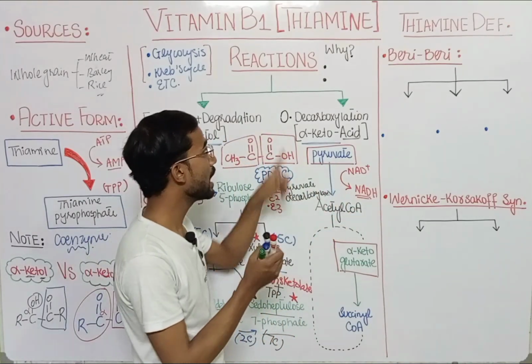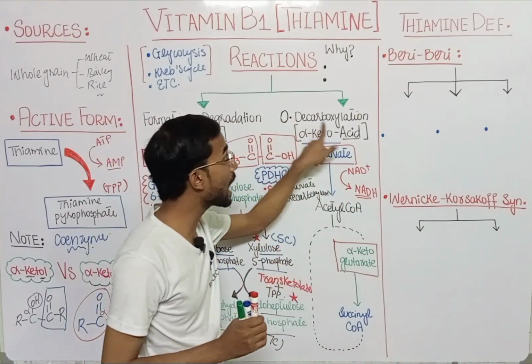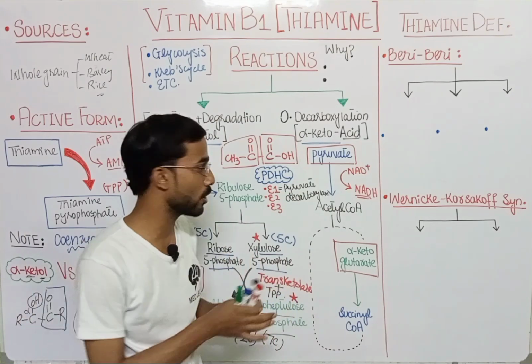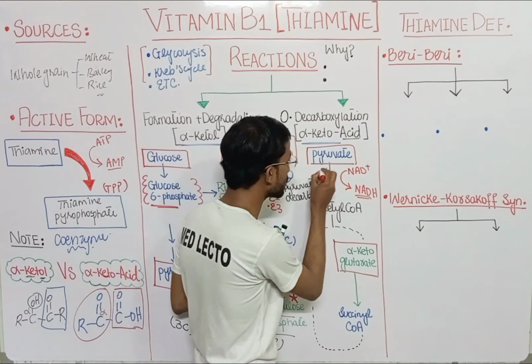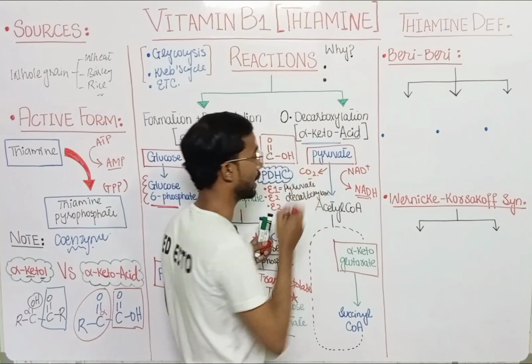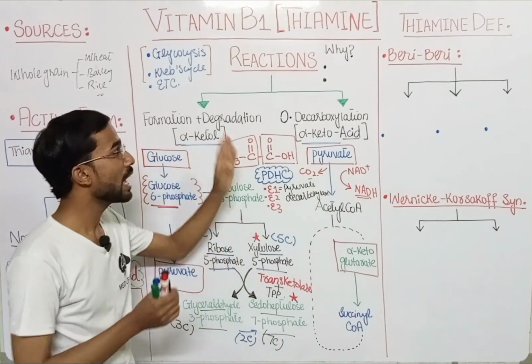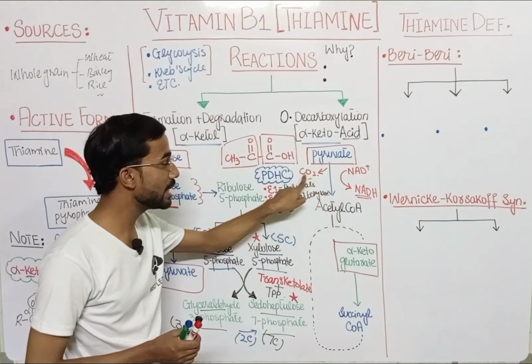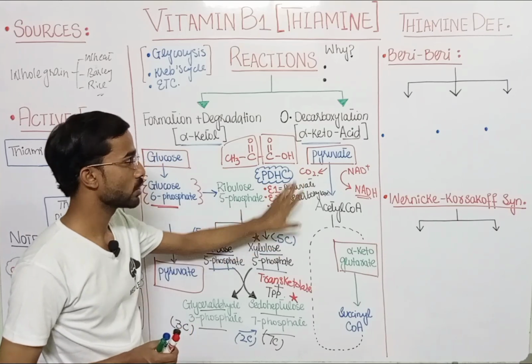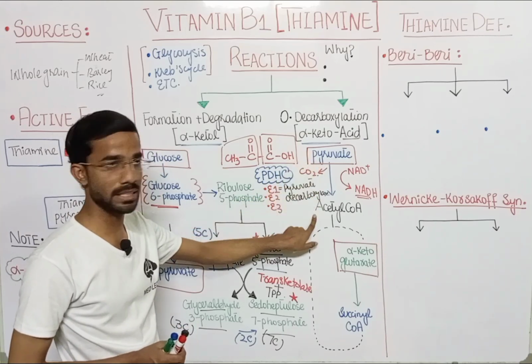So this is the oxidation. Now decarboxylation is removal of carbon dioxide. In this process, you also see the removal of carbon dioxide. So this is the oxidative decarboxylation process in the conversion of pyruvate to acetyl CoA.